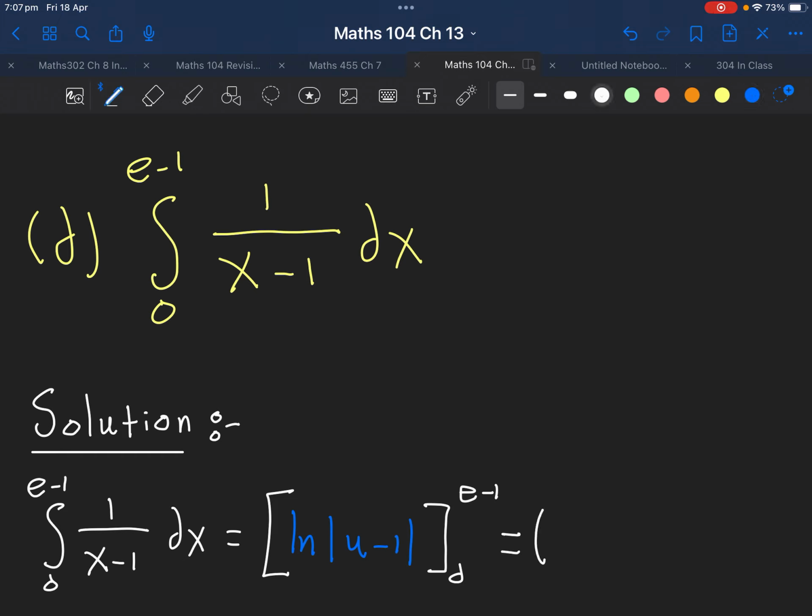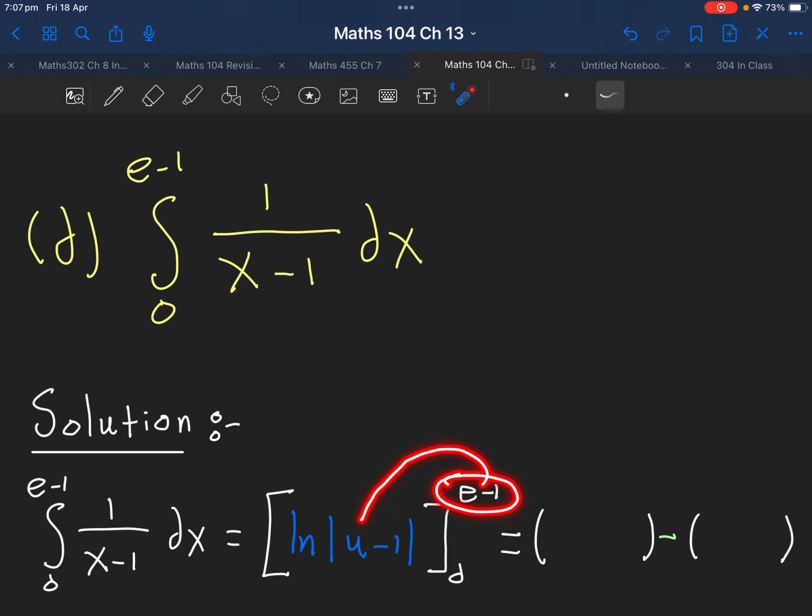Remember why I put the absolute value? Because I already told you before that we need to put the absolute value so we don't get any problems or any other issues. Now, all you need to do with your calculator is plug in e plus 1 here, okay?